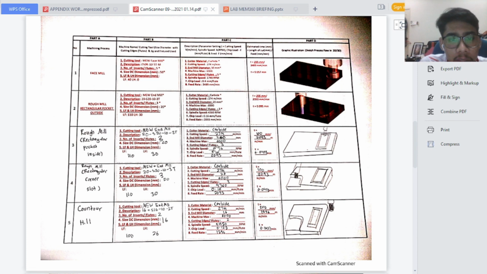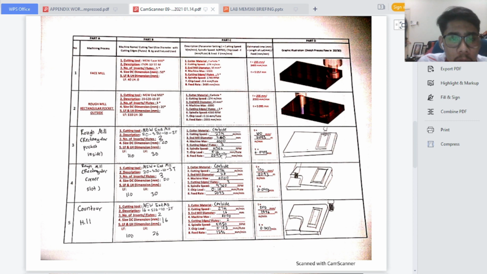The machine max is the same as before, which is 6,000, and the cutting edge is 3. The spindle speed given is 4,360 RPM, and the chip load is 0.16 millimeter per flute. So the feed rate is 2093 millimeters per minute.